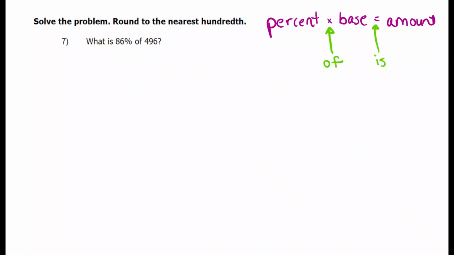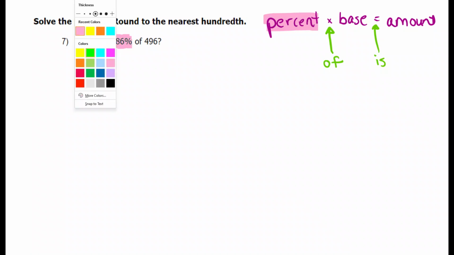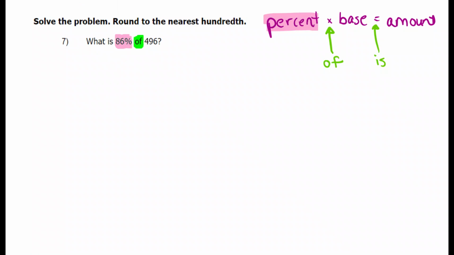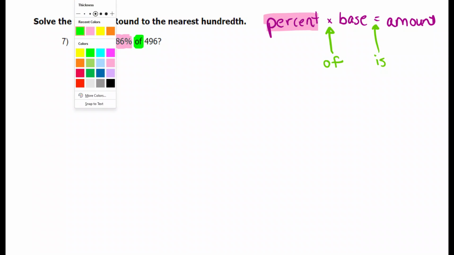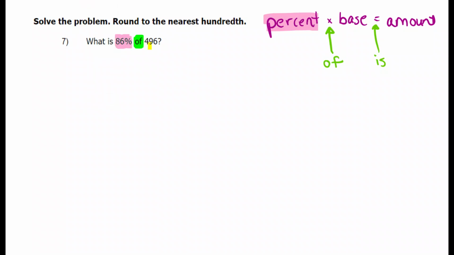So when I see "what is 86% of 496," your percent is always the easiest thing to identify, because it literally has the percent sign on it, or it says "what percent." And then we've got the "of" right here, which means to multiply. And we've got 496.